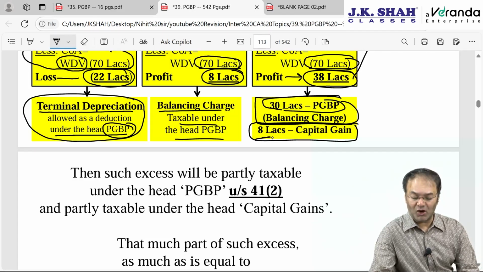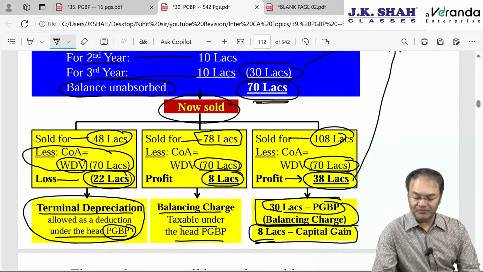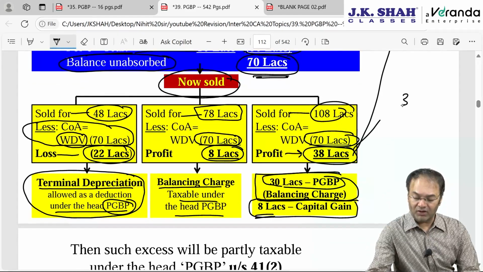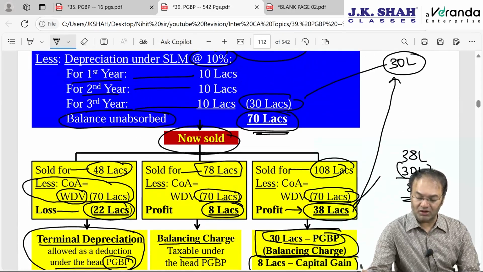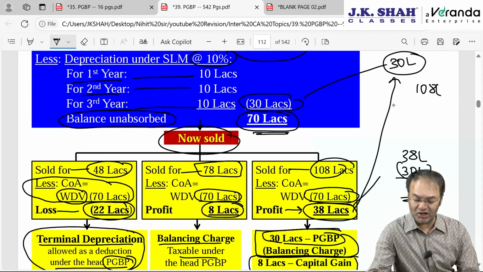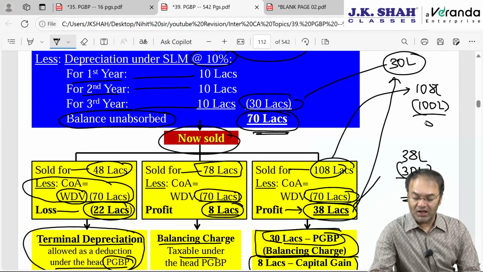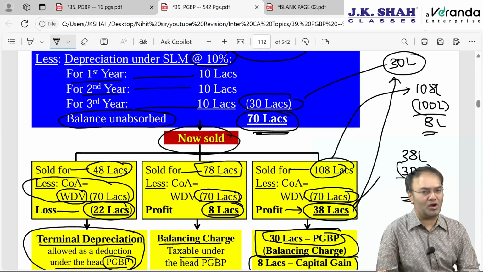There are two ways of finding out this 8 lakh. One way is the total profit minus the deduction already claimed under this head, under this section. That is our 8 lakh. Another possibility is sale proceeds of 108 lakh minus the original cost of 100 lakh. Any sale proceeds received above and over the original cost will go under capital gain.